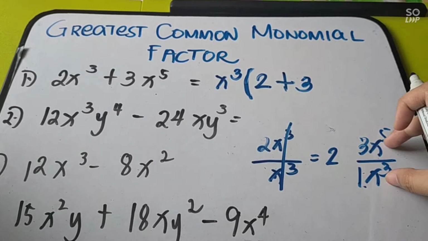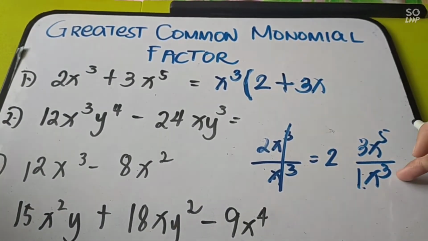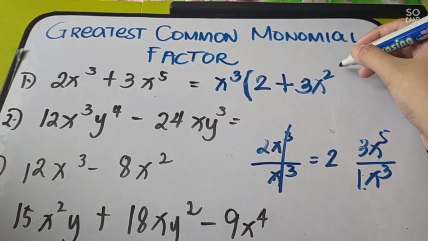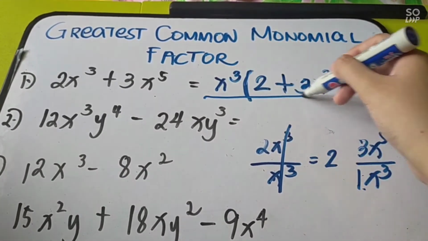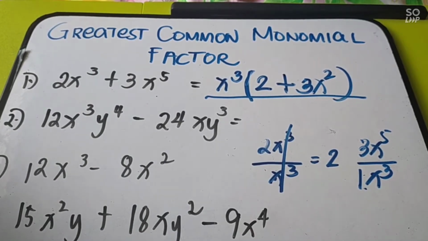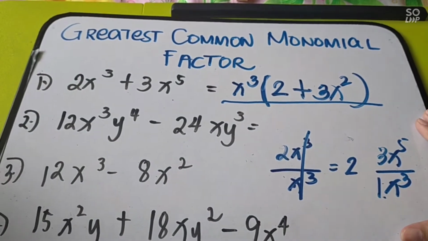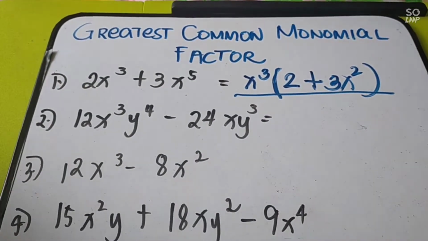You will just copy the variable, then subtract. You copy the variable, then 5 minus 3, the answer is 2. Then close parenthesis. Tapos na. That is now the factor of 2x raised to 3 plus 3x raised to 5. Is it clear?